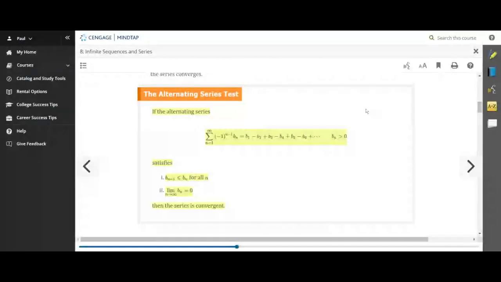If I go back to that alternating series test in section 8.4, if I go back to it here in the ebook, there's the alternating series test, and there are the two conditions.